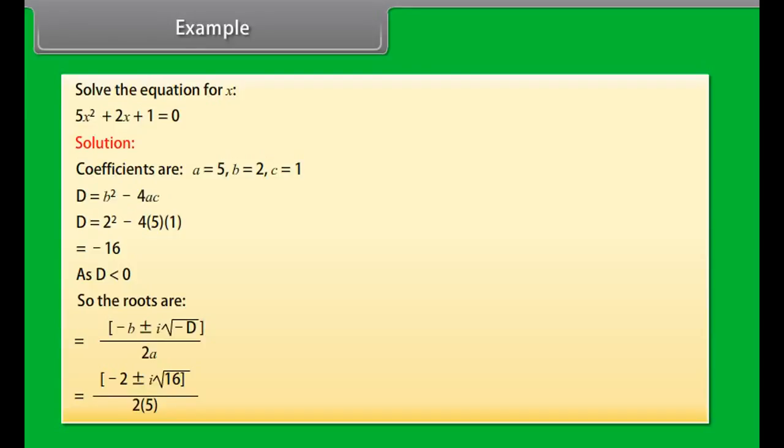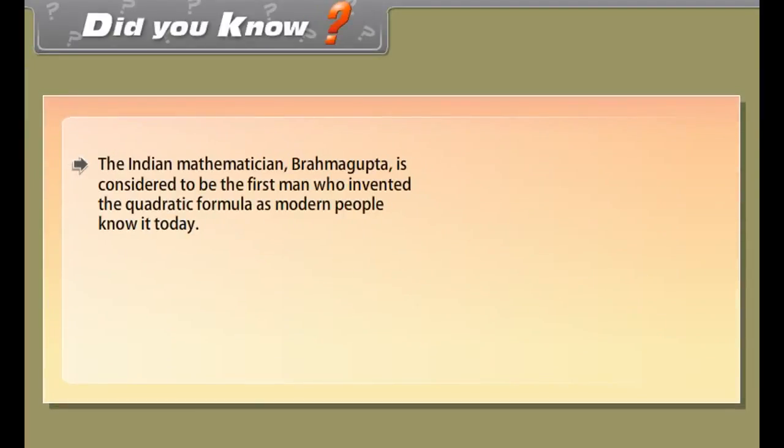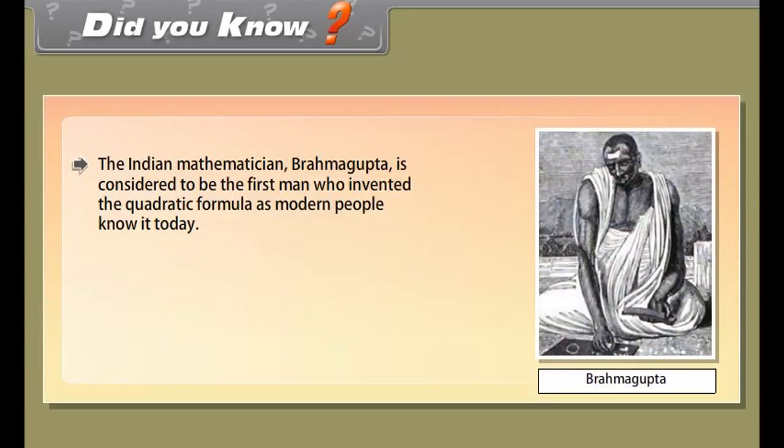As D < 0, the roots are x = (−2 ± i√16)/(2 × 5) = (−2 ± 4i)/10. On solving, we get x = −0.2 ± 0.4i.